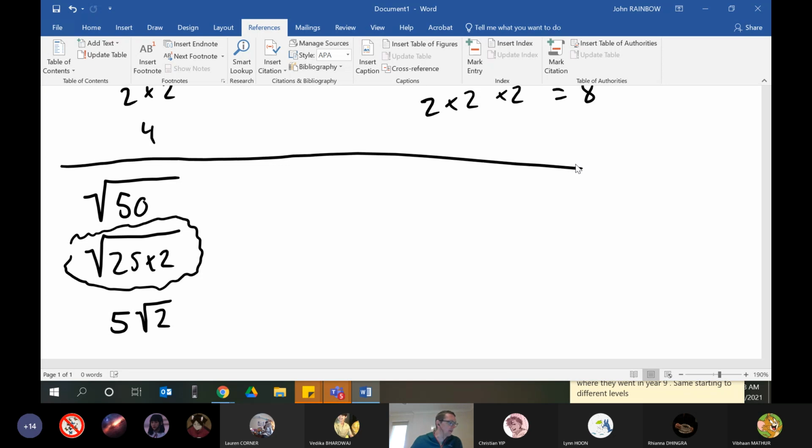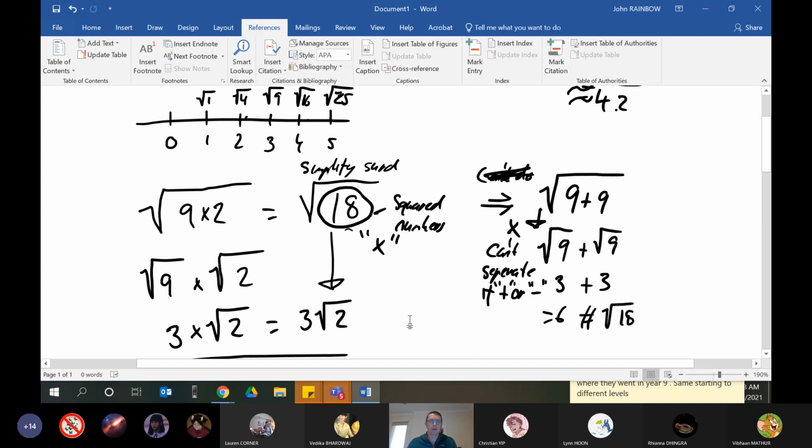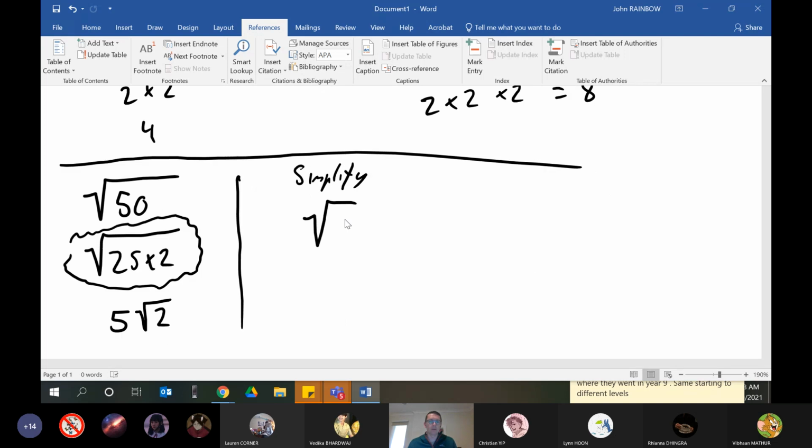All right, so let's look at some of these examples. You might have a question that says, for example, simplify the square root of 2 times the square root of 6.